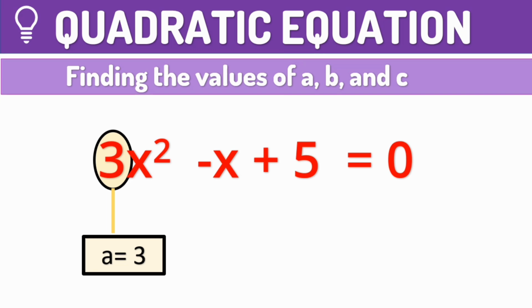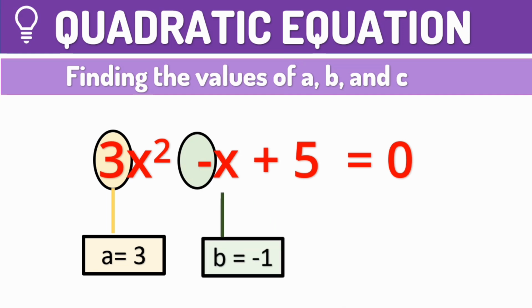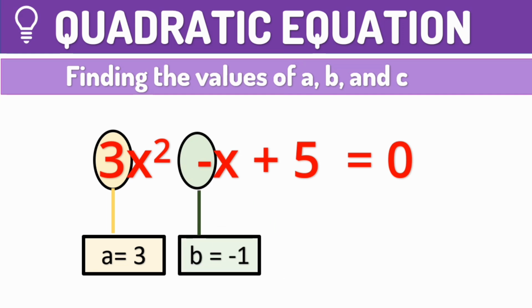How about the value of B? The value of B is found here, the number beside the x. But you cannot see a number here, right? But we can still remember that it has an invisible one here, and no need for us to write it down in this equation. But if we are asked to find b, b is equal to negative 1.